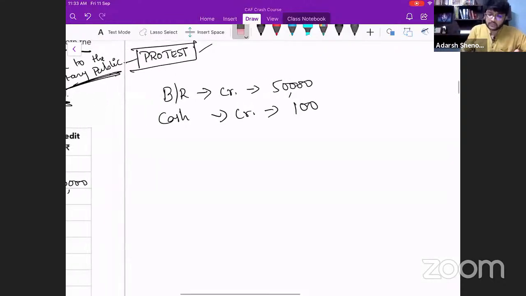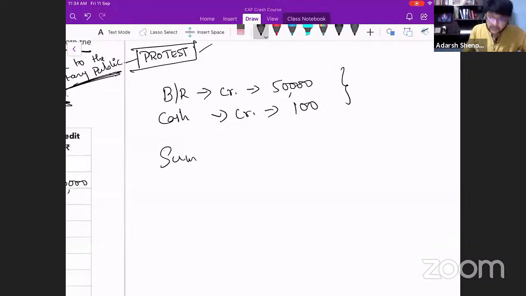Now, can you tell me how much you are going to recover from Suman? You're going to recover a total of 50,100. So now we are back to where we were when we sold the goods. What was he? He was an asset, right? We had an asset, the debtor balance. So we're going back to that scene again. We're going to recognize the asset, the debtor. His name is Suman.